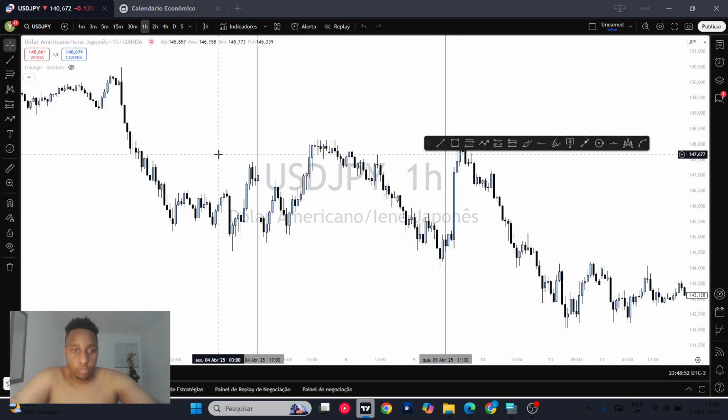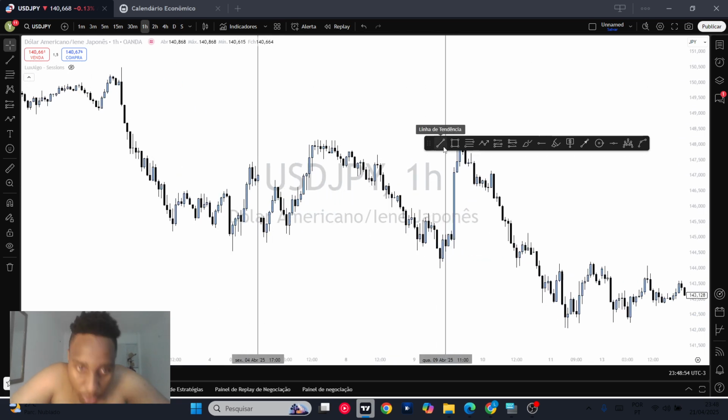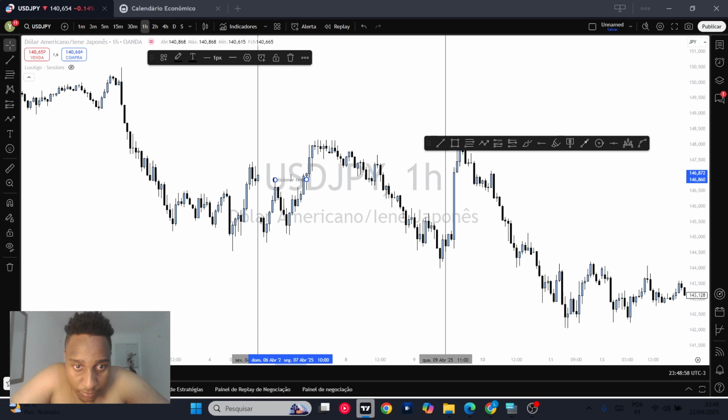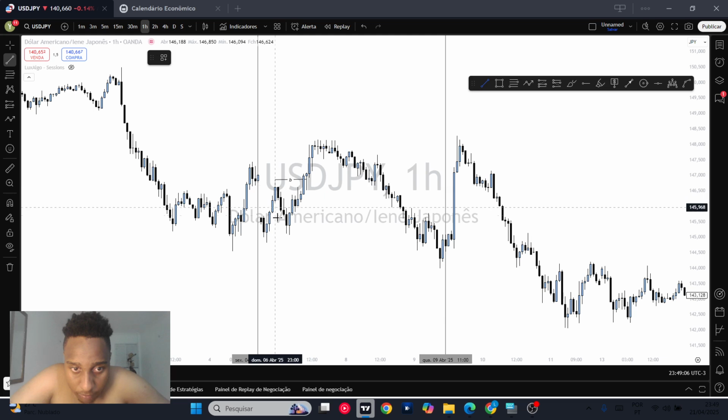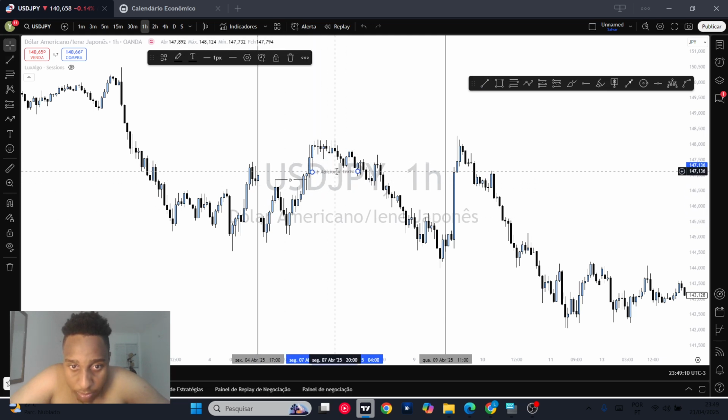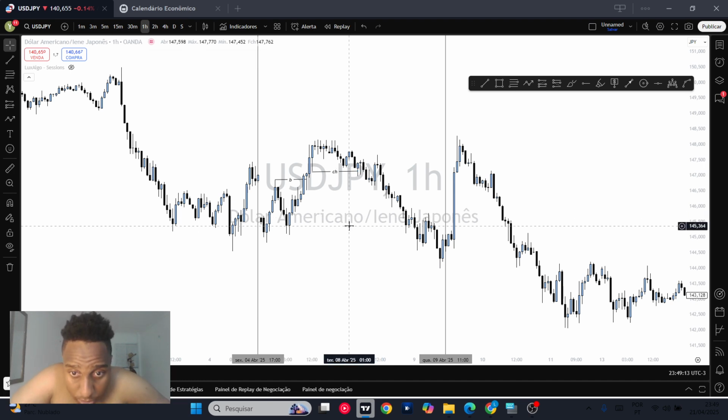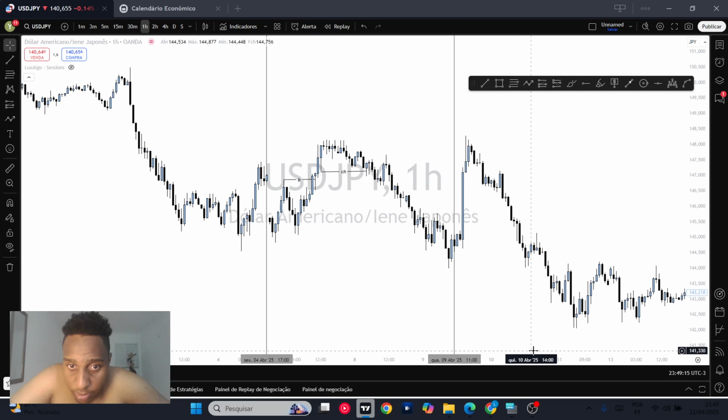So guys, we are studying this range. If we notice, we made a break of structure in the upside here, right? Break of structure, and then we made basically a change of structure around these zones right here, and then we continue to the downside.